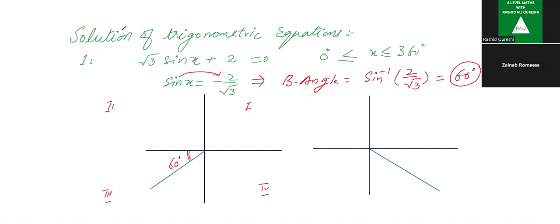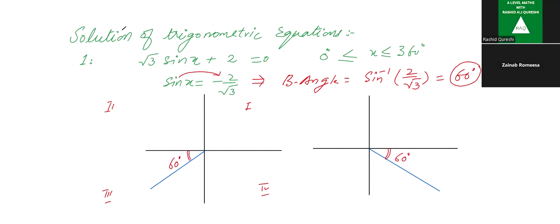But when you are writing the answer of the angle, you have to start the angle from the positive x-axis, just like this green color angle. You have to start from here and move up to this line.